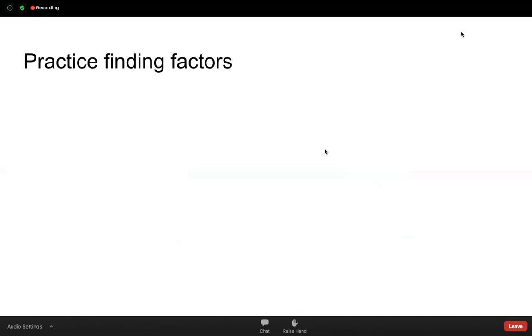Okay, so let's practice. Actually, I have a question for our moderator. So normally on Zoom, there's like an annotate feature, but I can't seem to find it on the webinar. Like where I can draw on my screen.